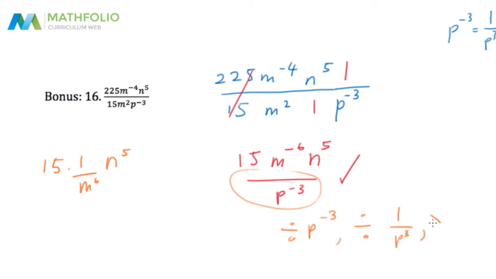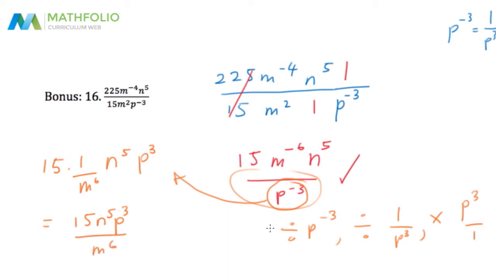Now this is the same as multiplying by the reciprocal, p cubed over 1. So if we see that, this p to the negative 3 on the bottom could become p to the 3 on the top. So when we piece all this together and we do the multiplication, we got 15 times 1, which is 15 times n to the 5th, which we keep, times p to the third, all over m to the 6. That's our answer for the bonus question in its simplest form right here.